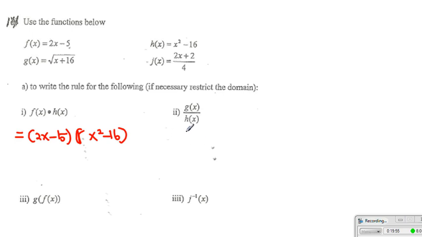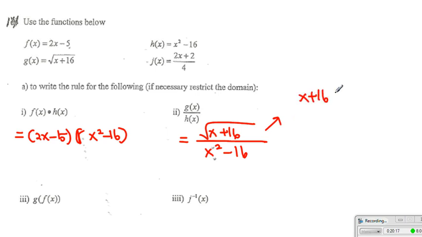How about the second one? Since this is a fraction, g, square root of x plus 16, over h of x, which is x squared minus 16. Because of the numerator, x plus 16 has to be greater than or equal to 0. That means x has to be greater than or equal to negative 16. On the other hand, looking at the bottom portion, this cannot equal 0.